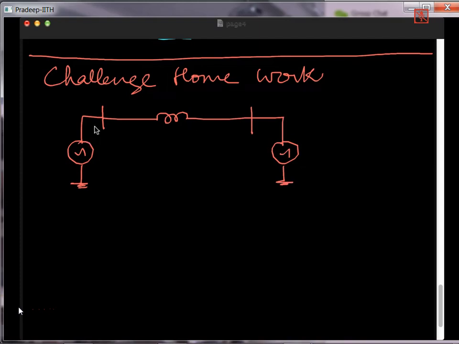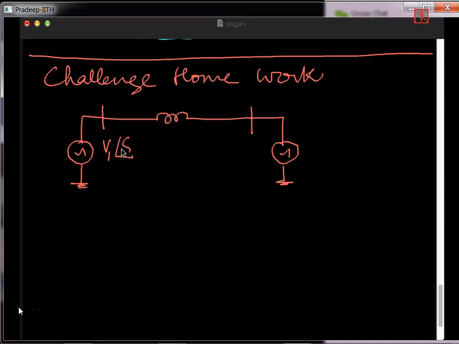Here the voltage is V1 and the angle is delta 1. Here the voltage is V2 and the angle is delta 2. And this reactance is J5 ohms. So the question is like this. This is question 1.